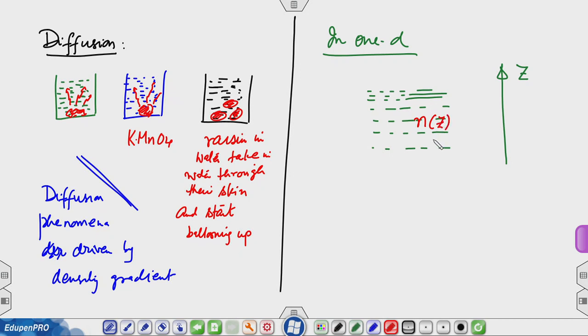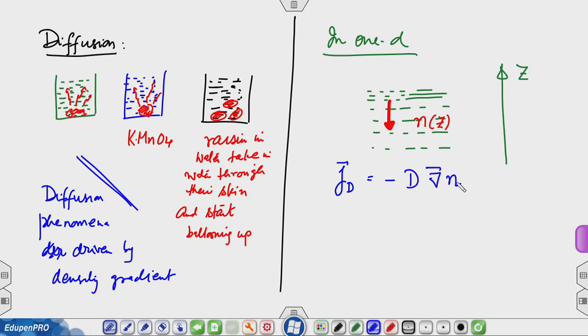So what you see is that there is going to be a current of particles in the direction opposite to the density gradient, and the diffusion current, Jd, is given as minus D grad of n.